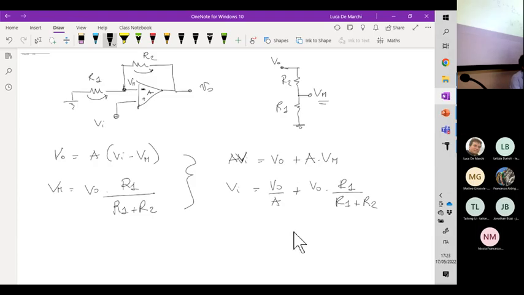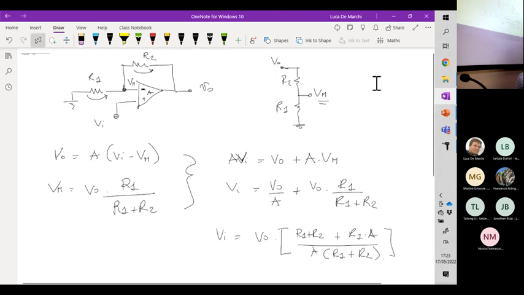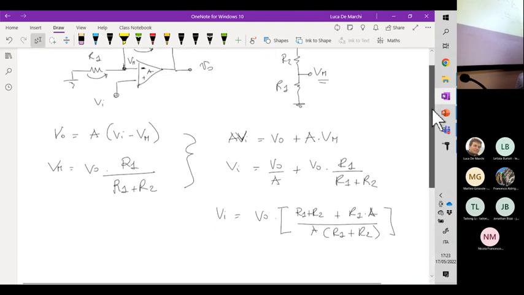So V input is equal to V out, which multiplies, well, let's have the same denominator here, A times R1 plus R2 in the numerator, and the denominator is R1 plus R2 plus R1 times A, if I'm not mistaken.